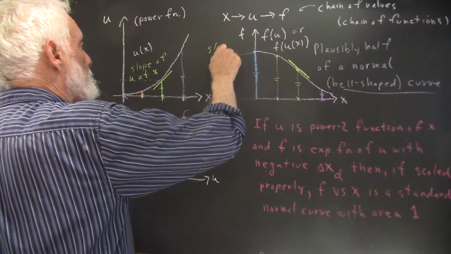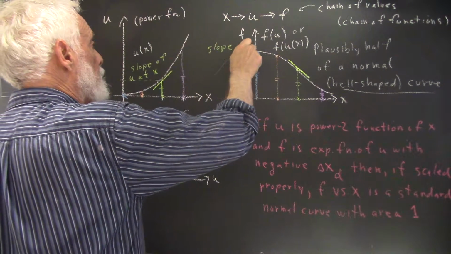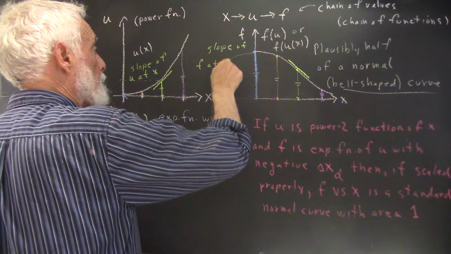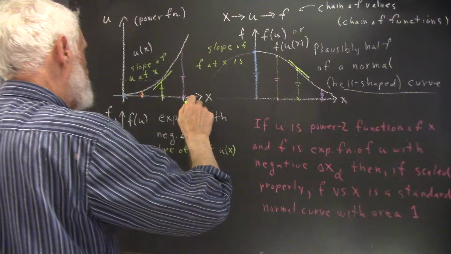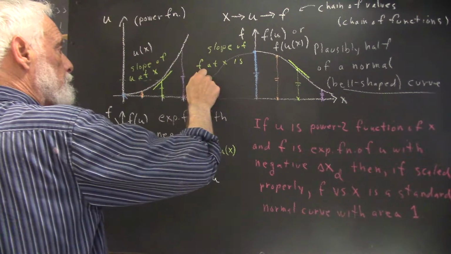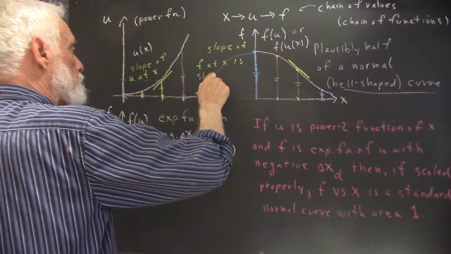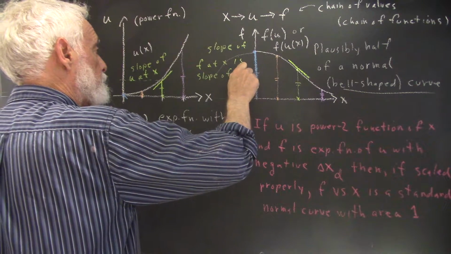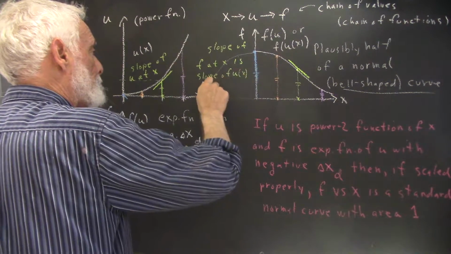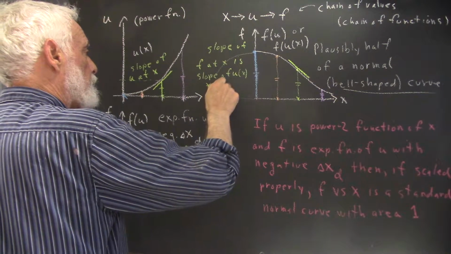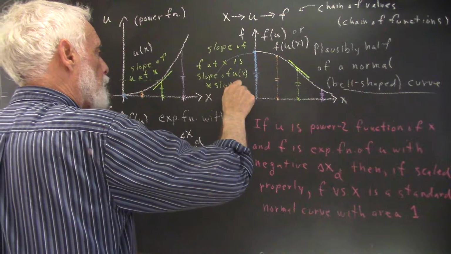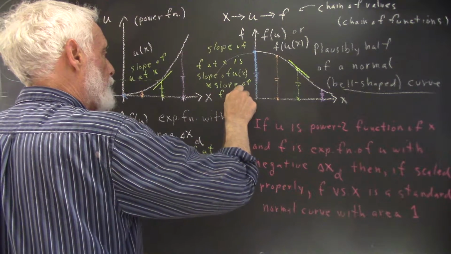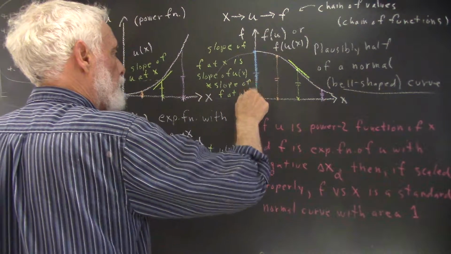Slope of f at x is slope of u at x times slope of f at u of x.